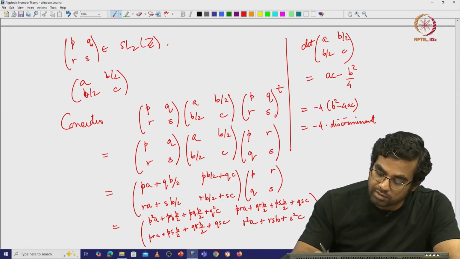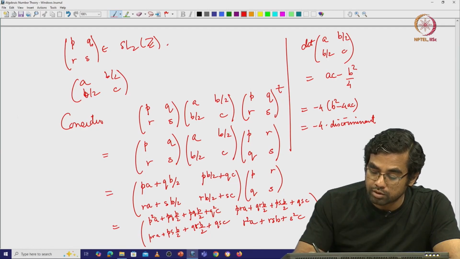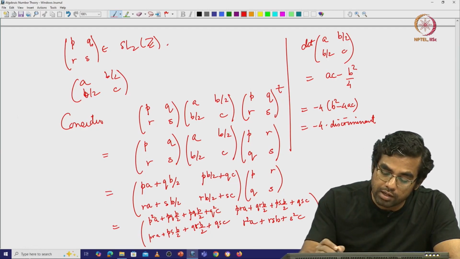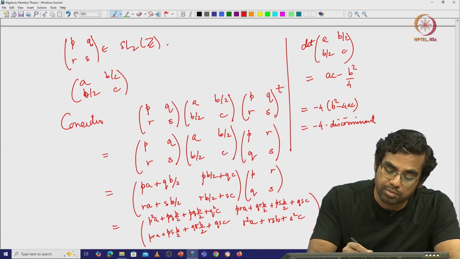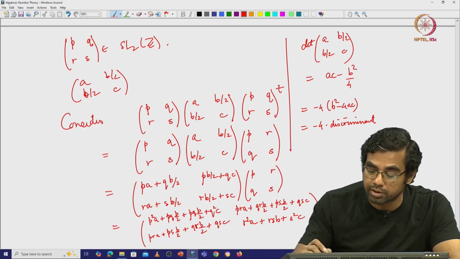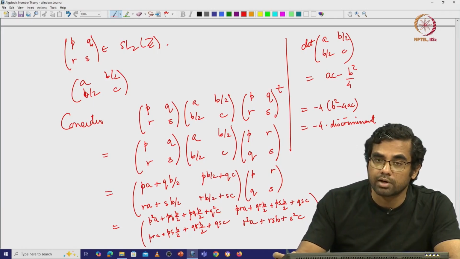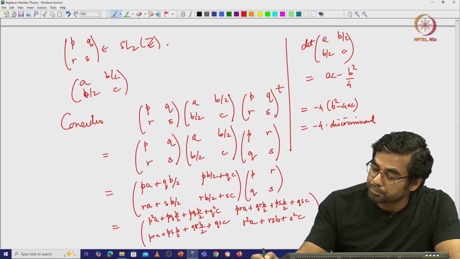The reason why the diagonal terms look like values of the binary quadratic form is because you are indeed multiplying the matrix by (p, q) and (r, s). So the off diagonal terms look a little bit more complicated, but the diagonal terms are precisely values of the binary quadratic form.